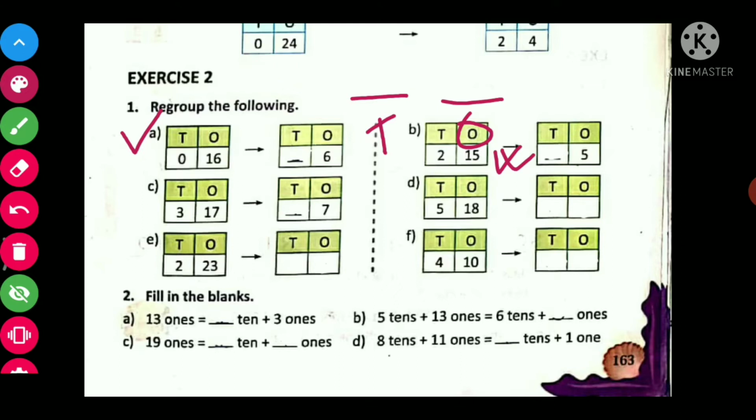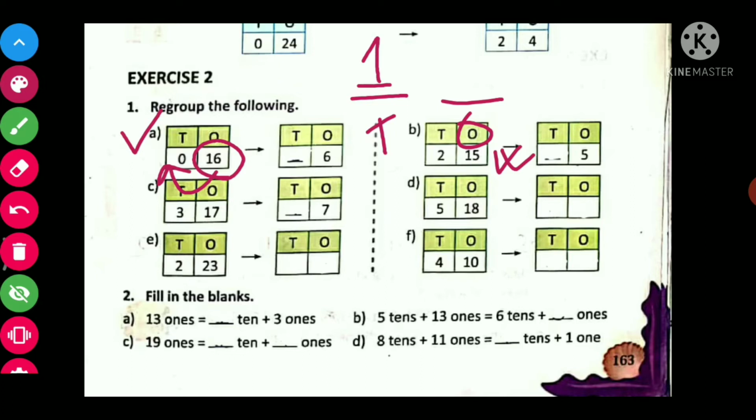Just like the leaves, we'll collect 10 leaves, because 10 leaves will make one ten. So if I remove 10 from the ones place and give it to tens, then it will make what?